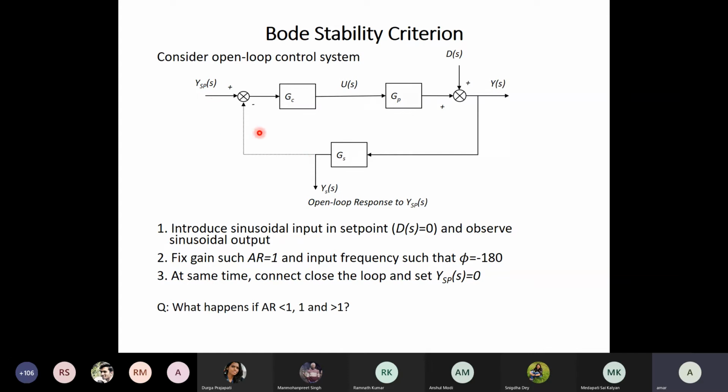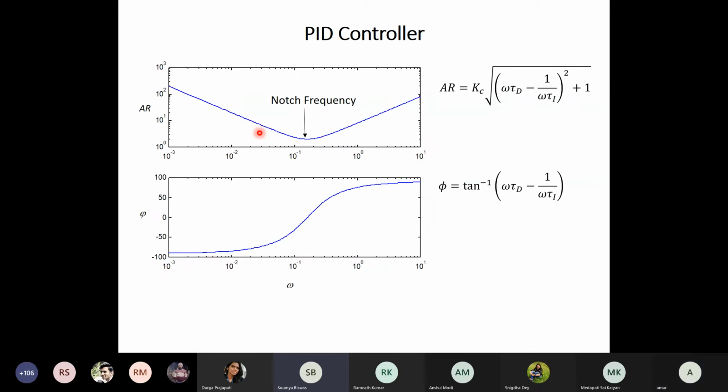Sir, is the notch frequency and the resonance frequency different? Yes. The notch frequency comes in when you are drawing a Bode plot for the PID controller, whereas the resonance frequency comes from a second order process.